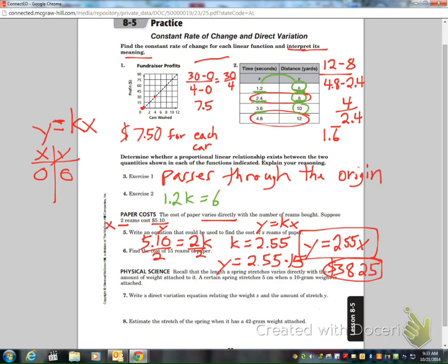Now, if it varies directly, again, that means it's going to look like y equals k times x, and they're giving us a specific x and y. They say it stretches 5 centimeters when 10 grams of weight is attached. Which is my x and which is my y?